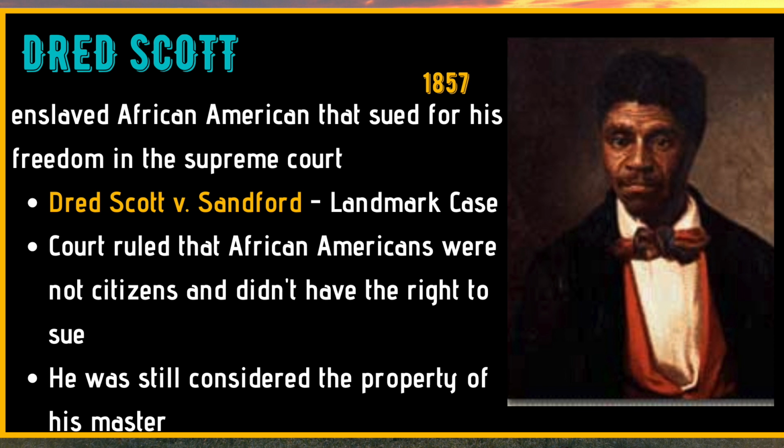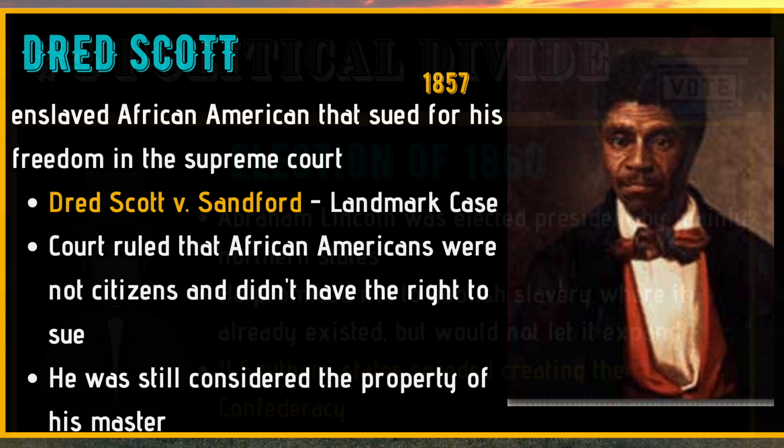And because he was not considered a citizen, he had no right to sue in a federal court. So this basically means that he was still considered to be the property of his owner, and he did not gain his freedom. This is going to outrage abolitionists such as Frederick Douglass. We will take a closer look at this case while you're doing your independent work.